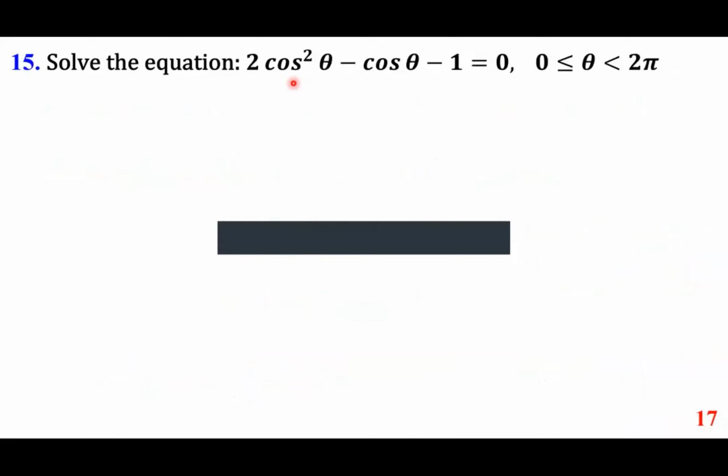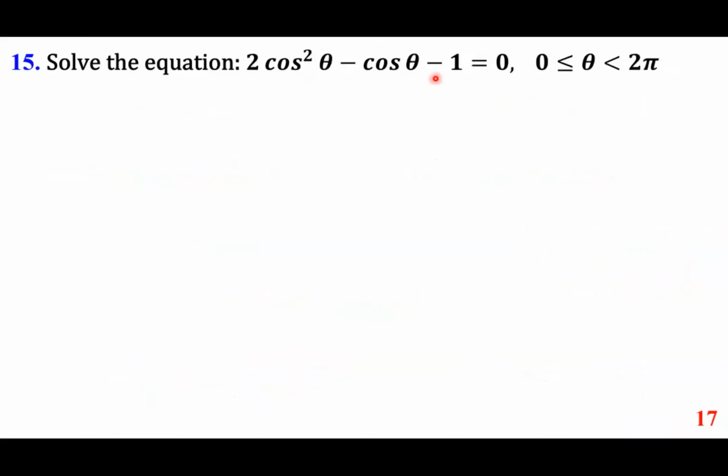Two cosine squared theta minus cosine theta minus 1 equals 0, and we are interested in finding the angle between 0 and 2 pi. Since everything involves cosine and cosine squared, we simply factor. The number 2 is a prime number, so you need 2 cosine theta and cosine theta.